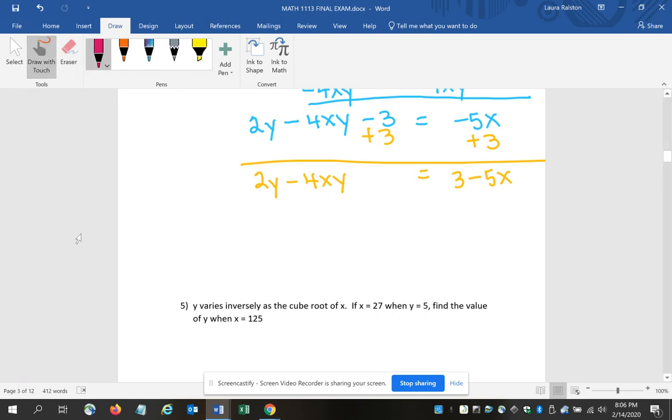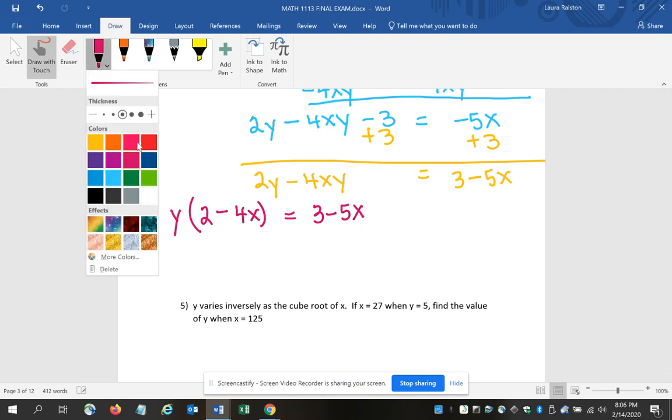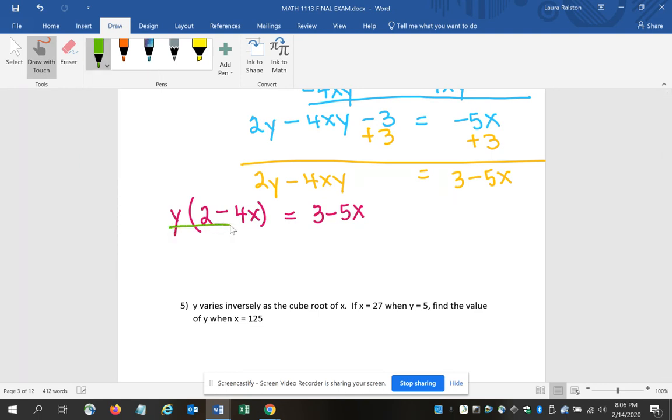And if I do that, I have y times 2 minus 4x equals 3 minus 5x. And again, remember, ultimately, I'm trying to solve for y. So I'm going to divide both sides by the quantity 2 minus 4x.